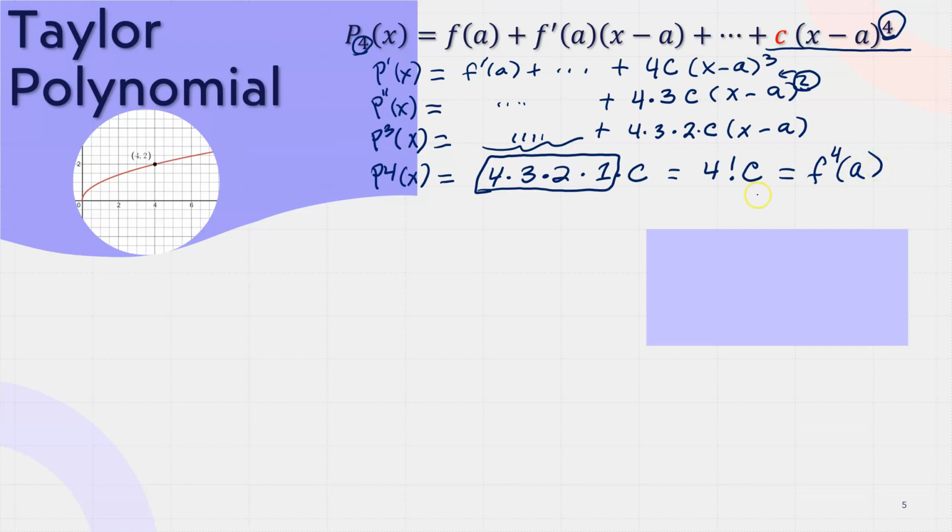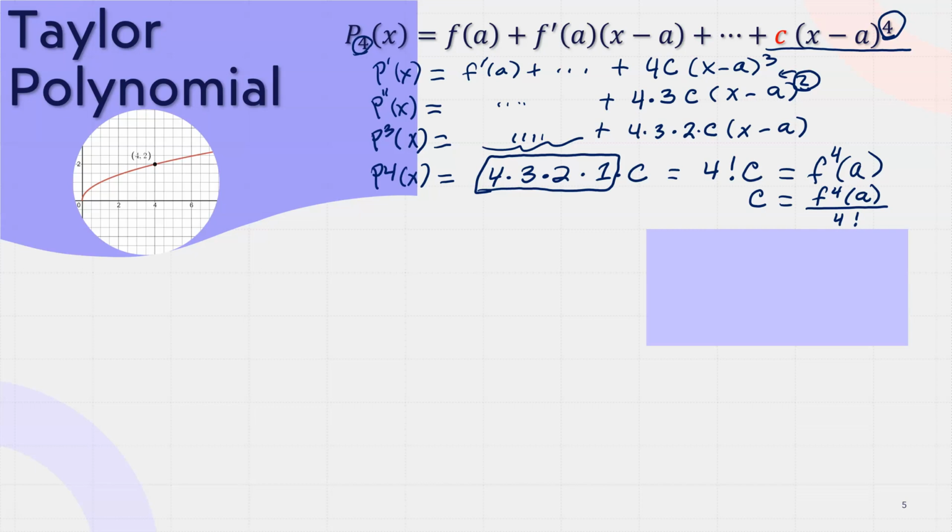So then c for that constant right there is going to have to be the fourth derivative divided by 4 factorial. So that's the pattern that I have just observed there.